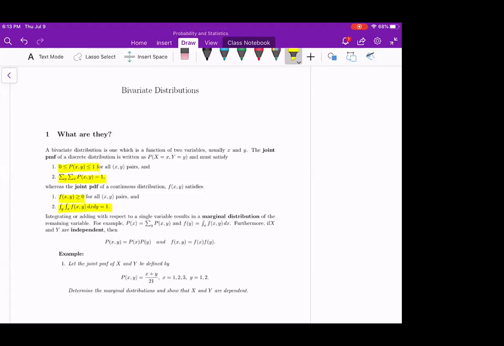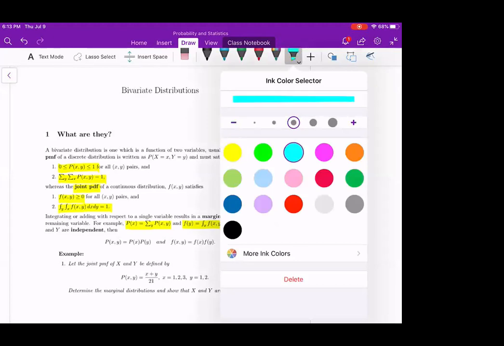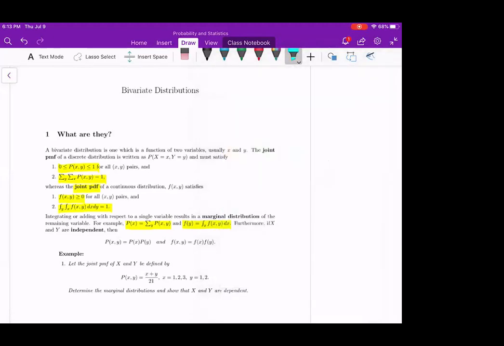Some other concepts that are new are that if you, let's say, have 2 variables and you sum up across one of them or integrate one of those variables out, you end up with a function of just one variable. So originally what you had is a joint PDF or joint PMF.